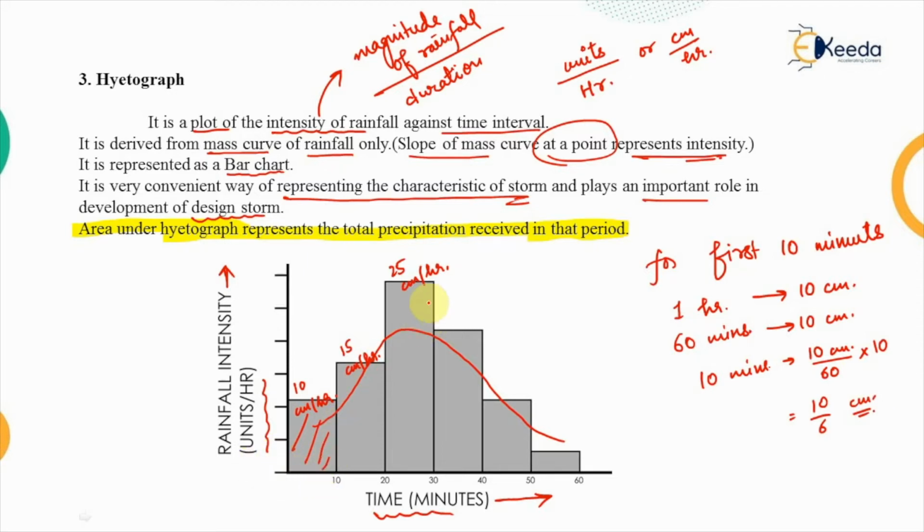That's why the area under the hydrograph represents the total precipitation received in that duration. We have calculated for this duration only. So this is the magnitude, or the total precipitation, received in the first 10 minutes. Moving on to the next method.